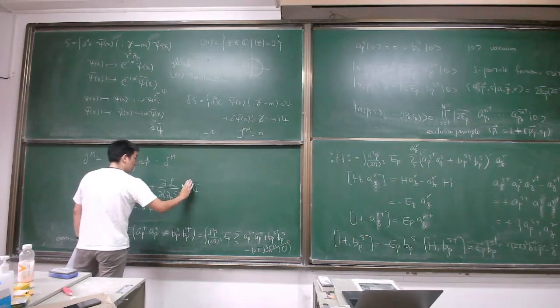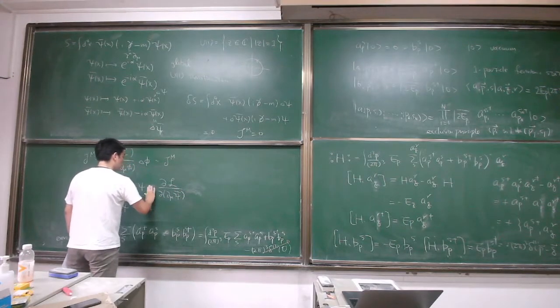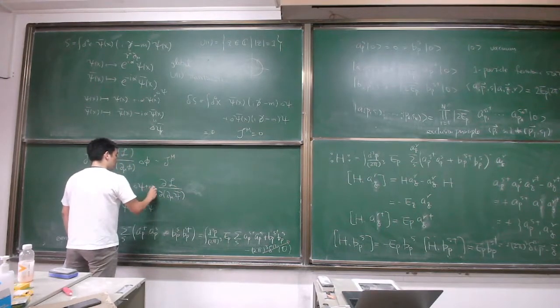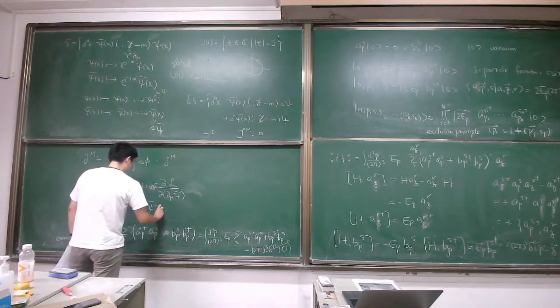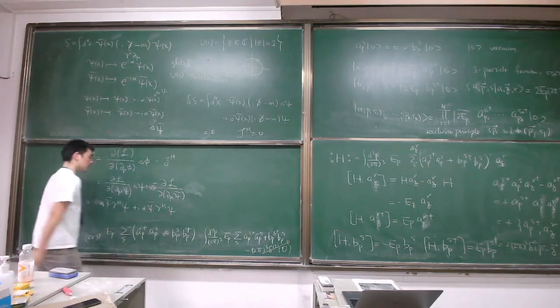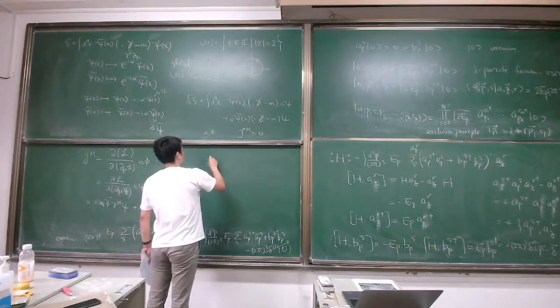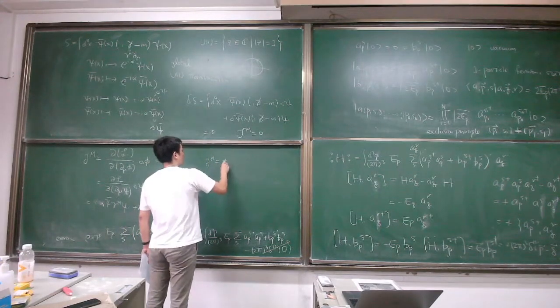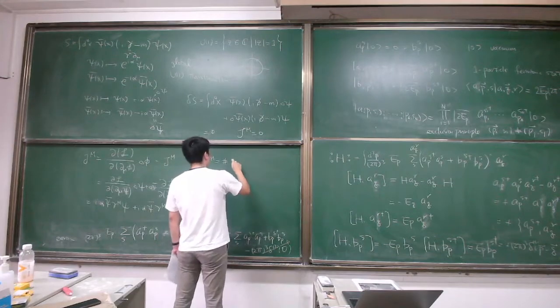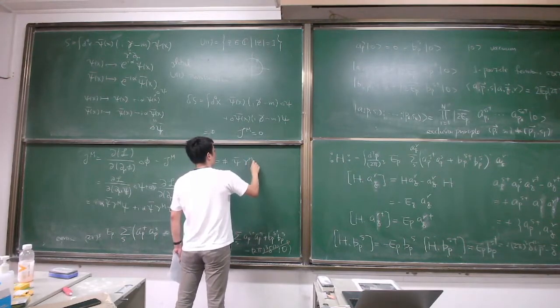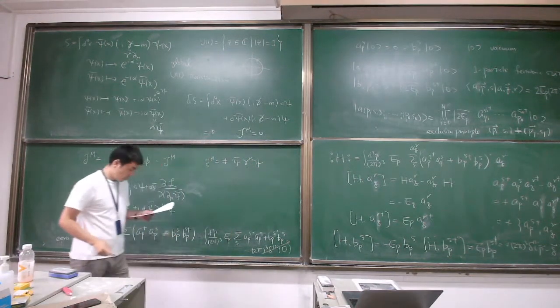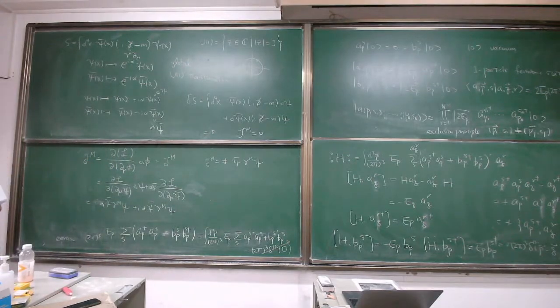I think canonically you have to put this one into the delta psi here, gamma mu psi, like this. So the current J mu is some number, I don't care about the number, of psi bar gamma mu psi. This is the current of this symmetry.